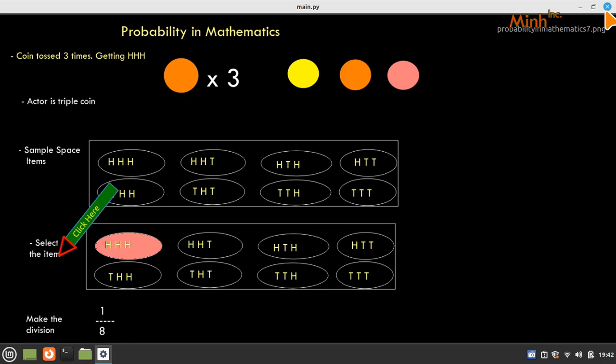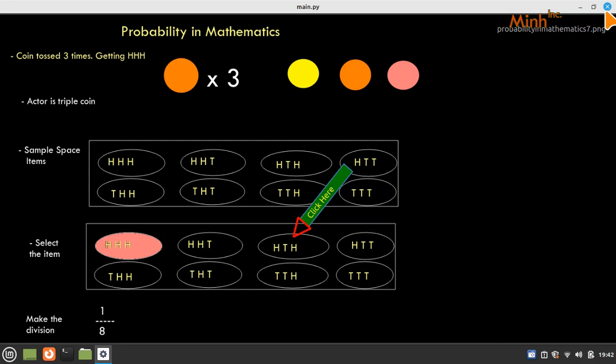Okay, so what will happen if these 3 coins are tossed in various combinations, so what would be the result?